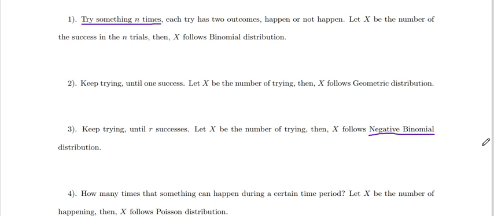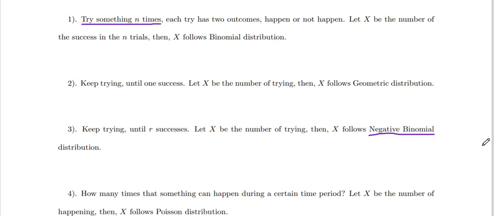This could be 0, nobody visited, or 1, or 2, or 3, or infinity. Such things follow the Poisson distribution.